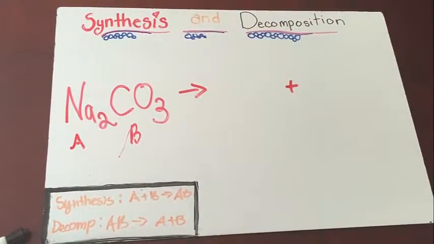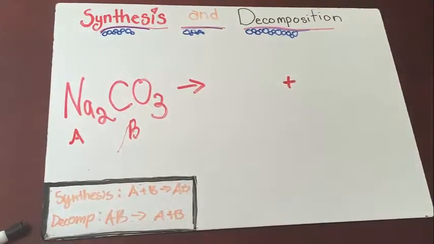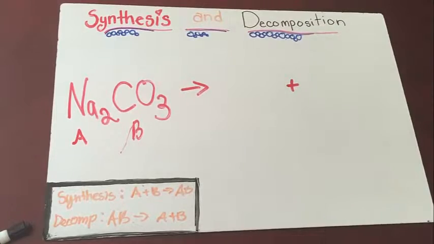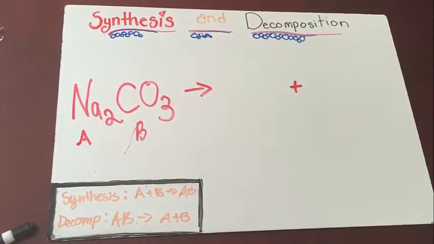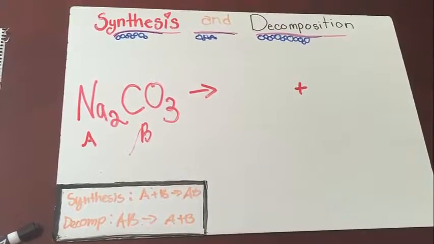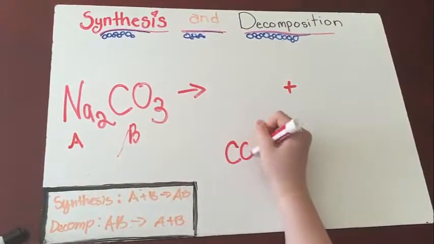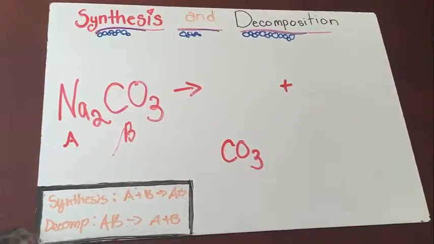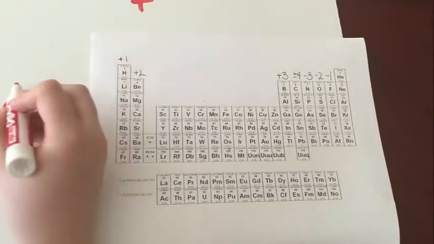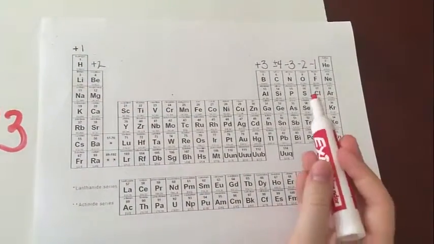When we are doing a decomposition reaction with 3 different kinds of elements, you are always going to have a compound. And like in the synthesis reactions, when you have a compound, it needs to be neutral. So let's see if CO3 is neutral. Using our periodic table, we can find that carbon is +4 and oxygen is -2.